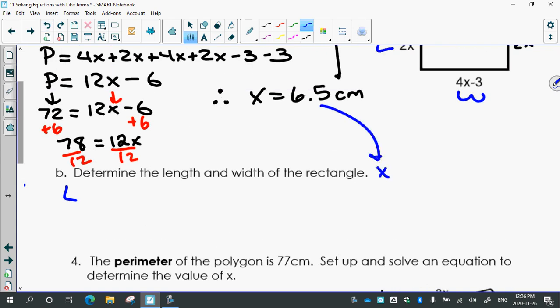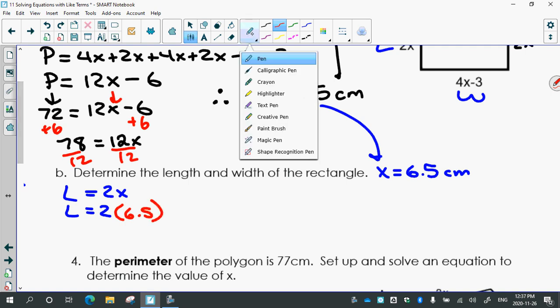So it's kind of like a substitution question, except x is 6.5 centimeters. Okay? So if length is 2x, I can replace x with 6.5.